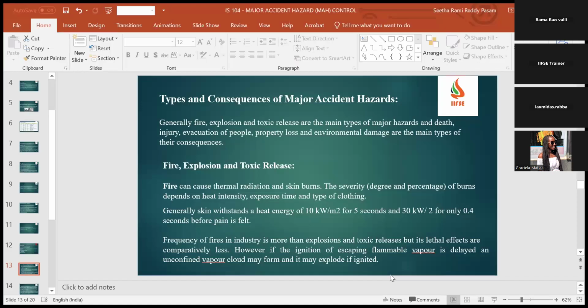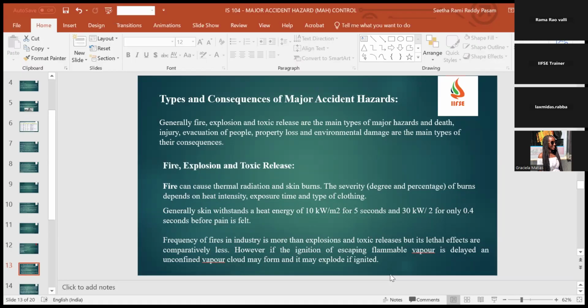And the frequency of fire in industry is more than explosions and toxic releases, but its lethal effects are comparatively less. However, if the ignition of escaping flammable vapor is delayed, an unconfined vapor cloud may form and it may explode if ignited. So, comparatively, fire incidents are more frequent than explosions and toxic releases, but their effects are less.